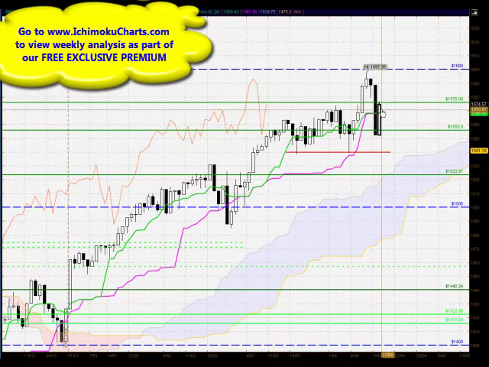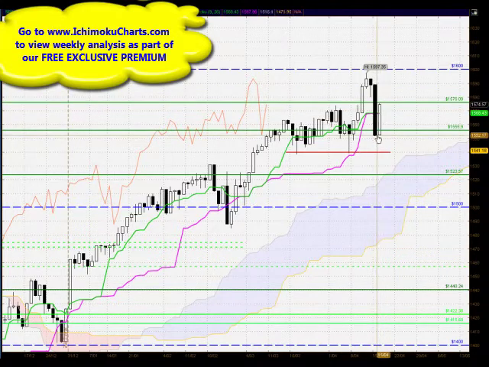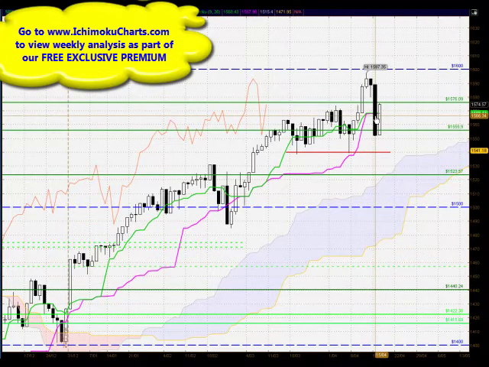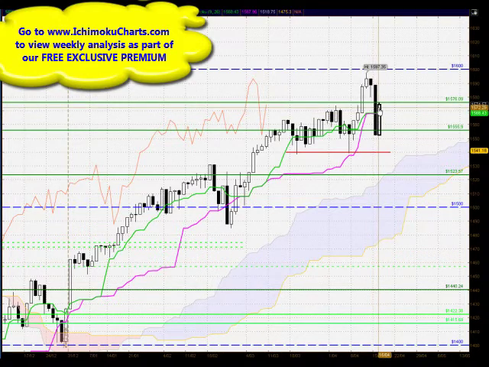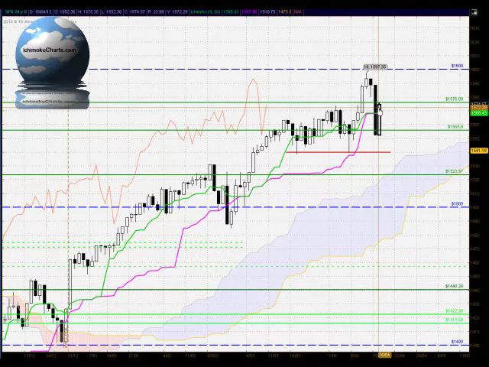And also a potential harami pattern, and that's where we have the body of the current candle within the body of the previous candle, a white body today, a black body for the previous day's trading, and a very strong suggestion based on that for a change of trend. But all of these potential reversal patterns do require a change of trend and confirmation of a change of trend, and that would be a candle or a bar with a higher high and a higher low.